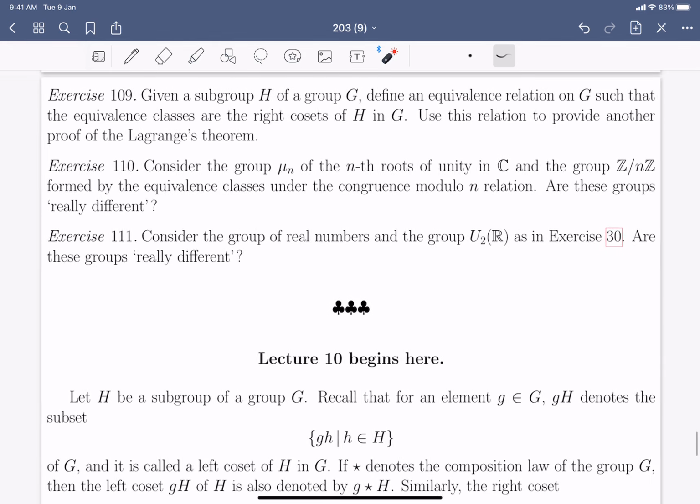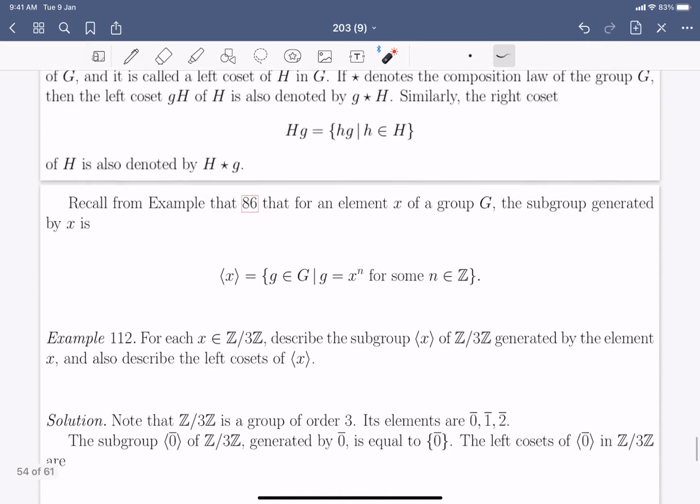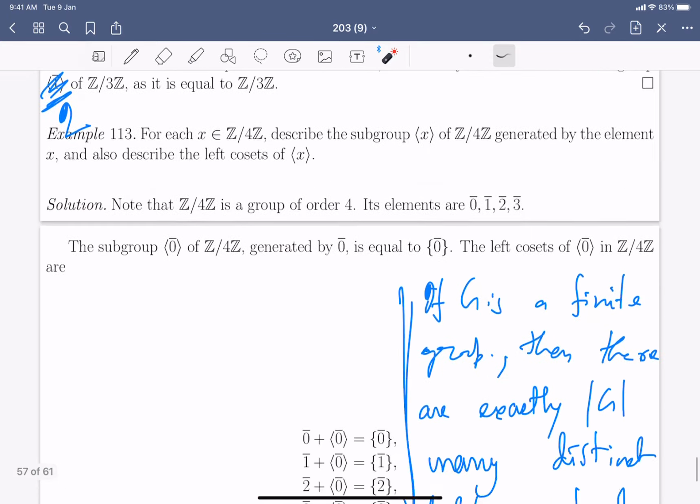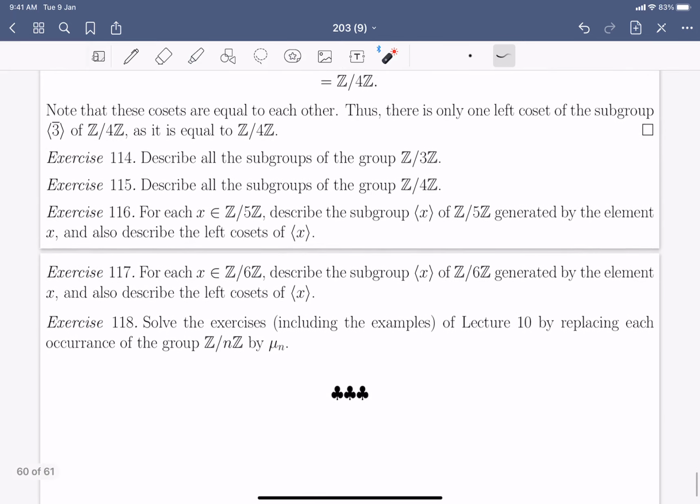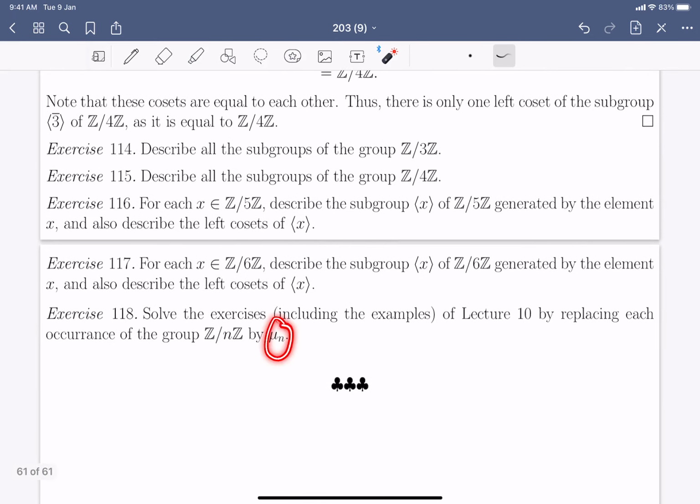We have been dealing with Z mod nZ for the last couple of minutes, so now you can try to repeat the same exercises for the group mu n, replacing Z mod nZ by mu n. For the group Z mod nZ itself, here are a few further exercises.